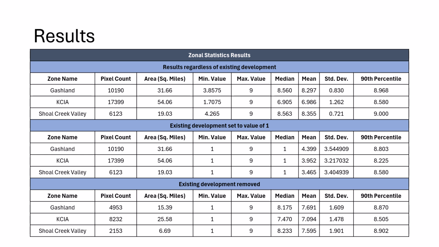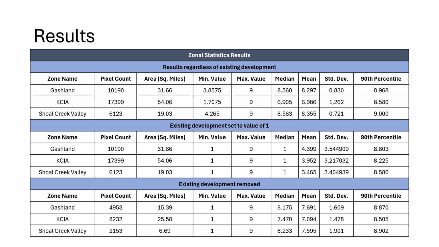of the analysis. So then I did another version of this where I set values that overlapped with existing development to a value of 1, not suitable. You can see the same number of pixels, same square area, or same square miles, but you have minimum values of 1.